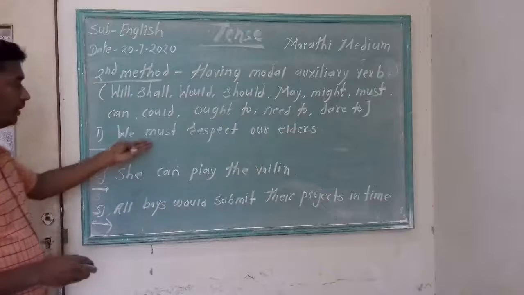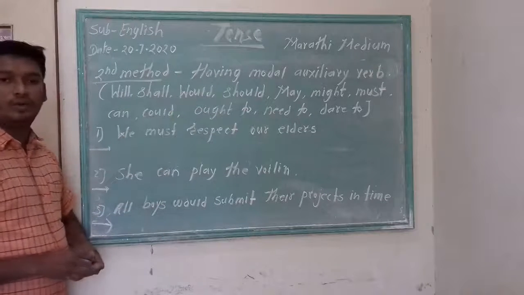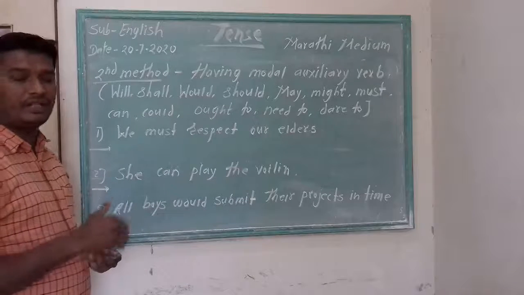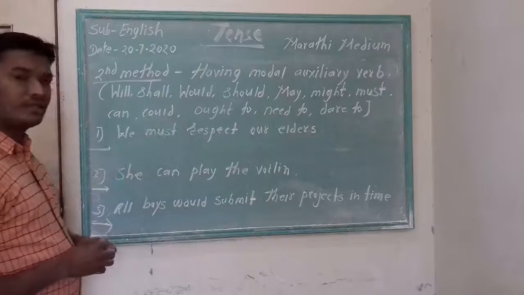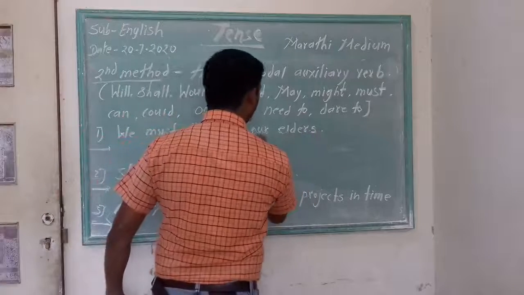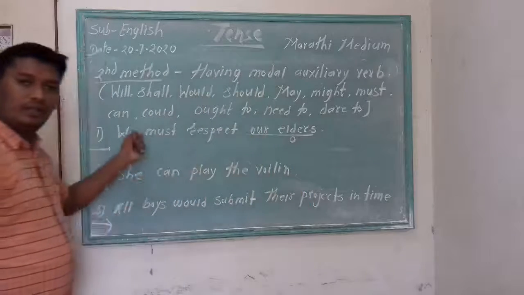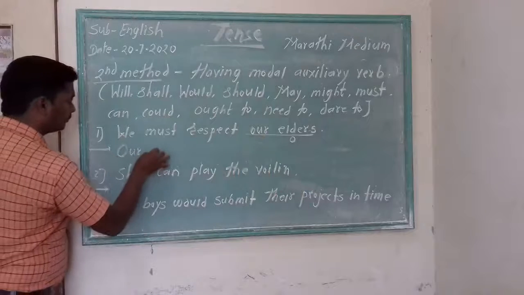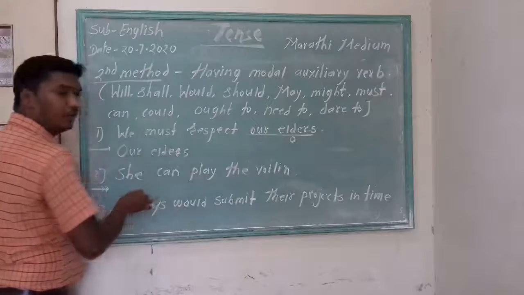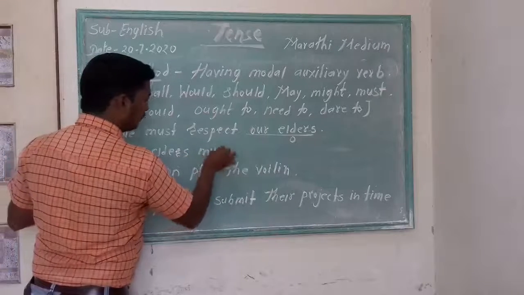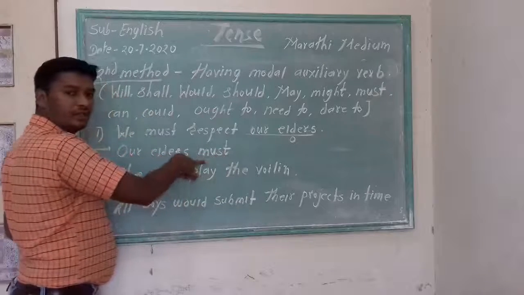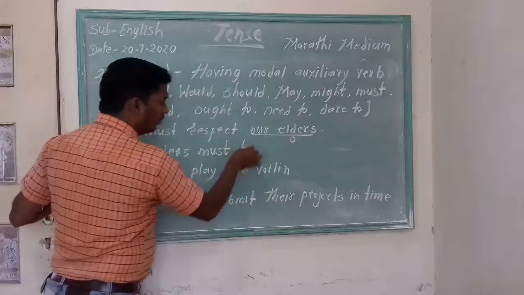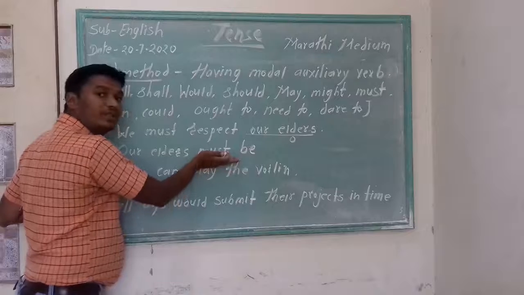Okay, look here. These three active voice sentences have modal auxiliary verbs. Which additional change should be done in the passive sentence? Look, we must respect our elders. In this sentence, our elders is the object. While converting into passive, first take that object, our elders. According to our rule, then take the modal auxiliary verb must. Then the additional change is that we have to add be after the modal auxiliary verb.